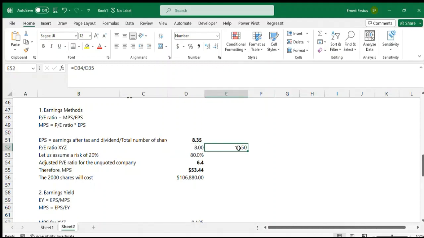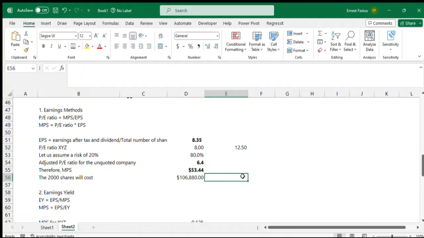So this 12.5 can be adjusted for the 20% here to get the adjusted PE ratio for ABC, which is the unquoted company, and then we will use that to calculate the EPS, and we can just therefore conclude that the price to be quoted for the 2,000 shares is going to cost between this amount and the amount we will get here.